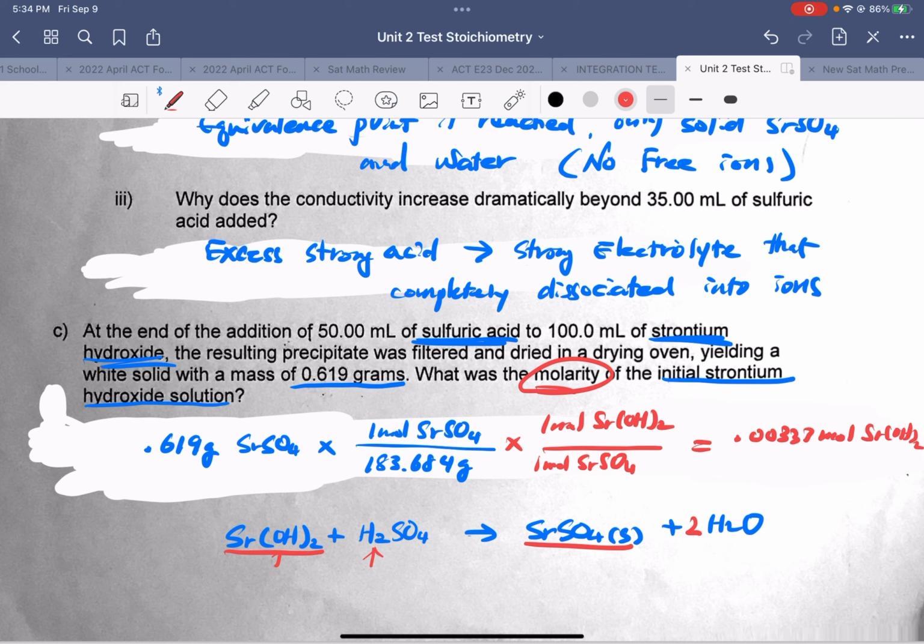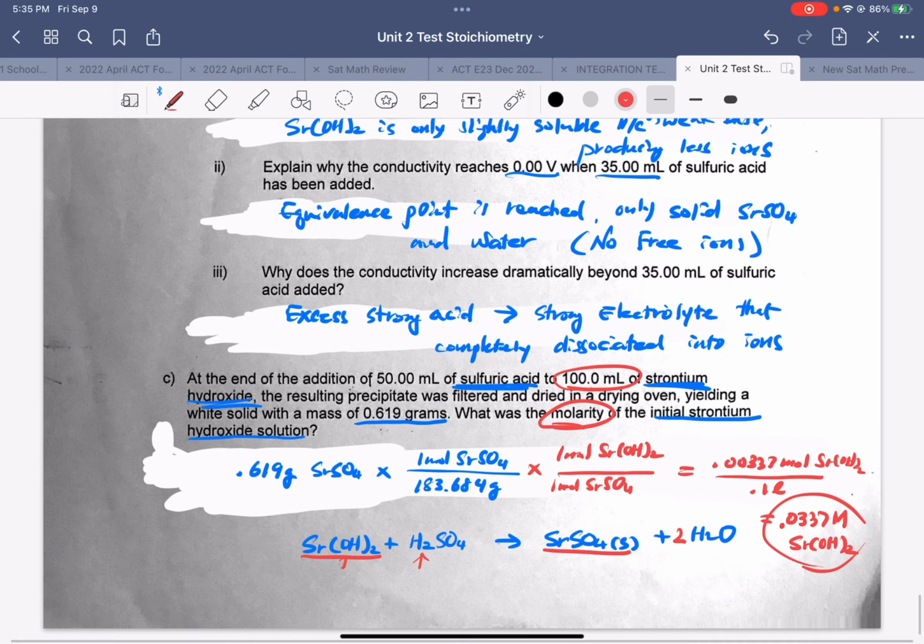So mole divided by liter. So now divide by what is the liter in the beginning? 100 milliliters of strontium hydroxide. So 100 milliliters is 0.1 liter. So you divide by 0.1 liter, and you move the decimal to the right. So then you're going to have 0.0337 molarity of Sr(OH)2. Okay, so that's how you're going to do it. Okay, that's it for this video.